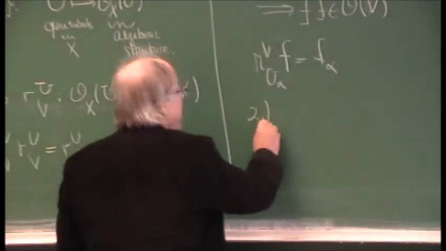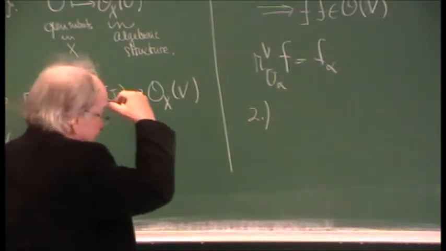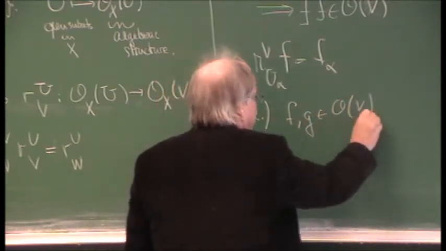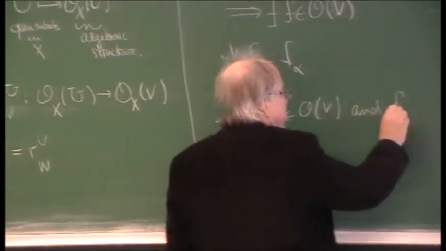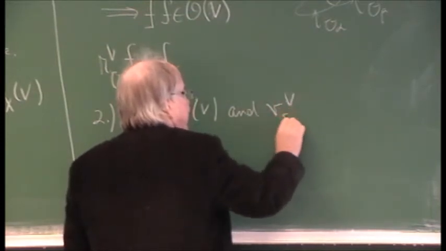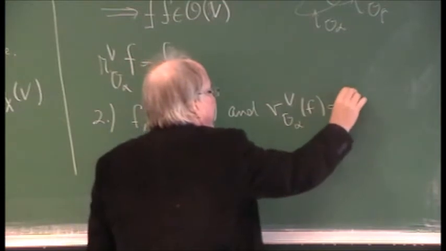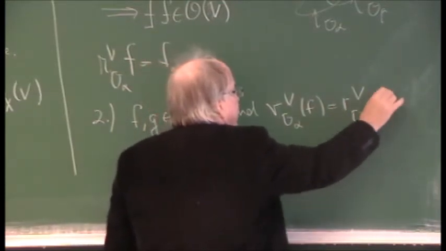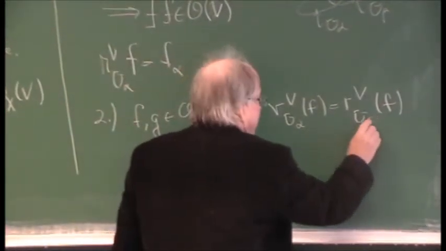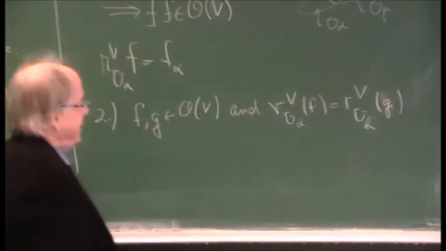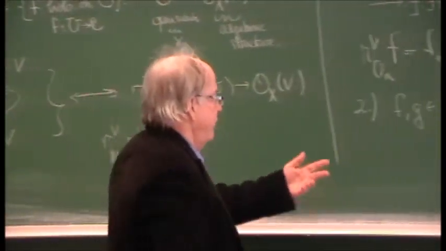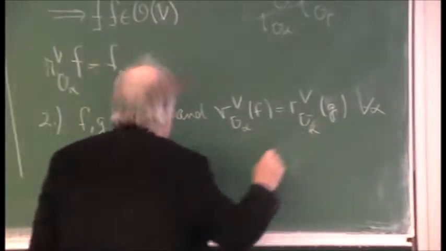And point number two that is completely obvious in this case is that if you have two functions f and g on V, and the restriction from the big space to the covering is the same for all alpha, so each restriction is the same, then of course f equals g.